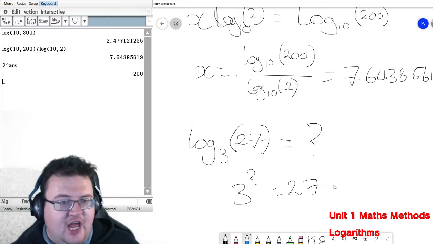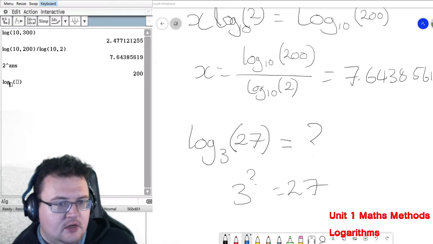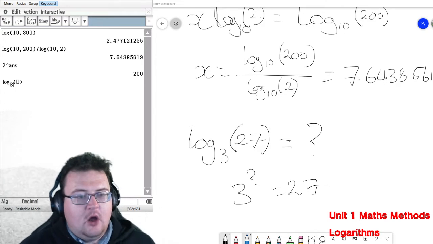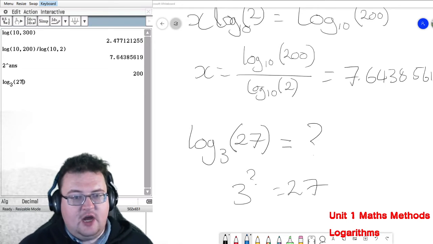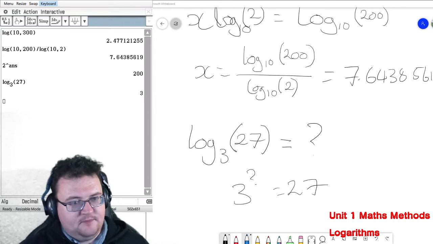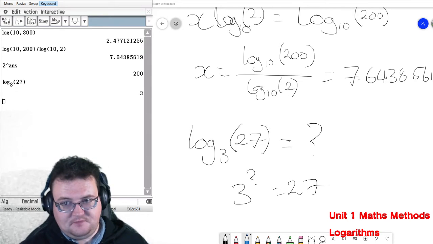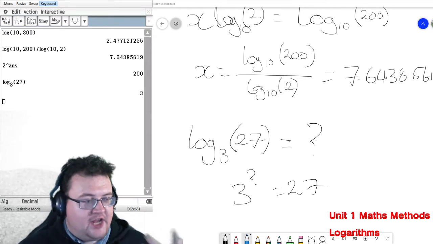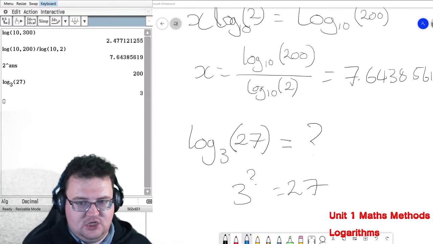And our CAS can do that. So by using the other log button that has the 2 shaded boxes, like so behind me, I can put 3 down in the bottom, and I can put 27 inside, and it will tell me the answer is 3. So 3 to the power of 3 is 27. And I can use that to manipulate and solve things.